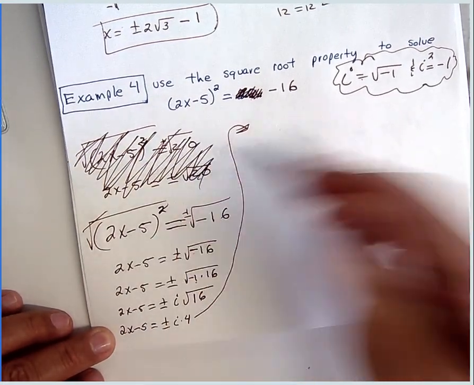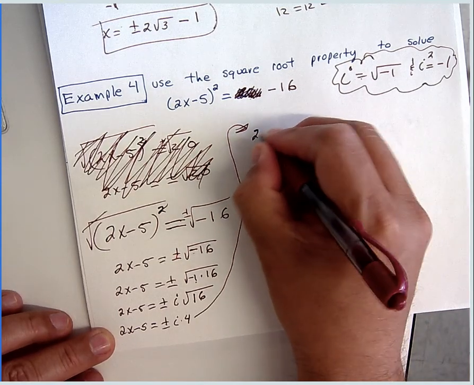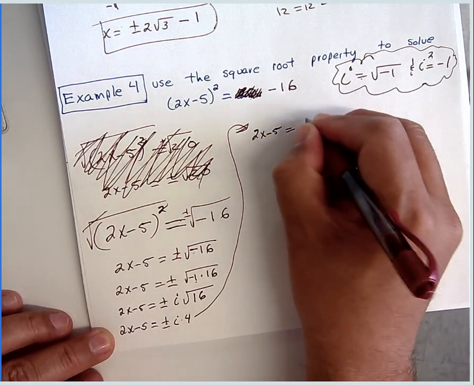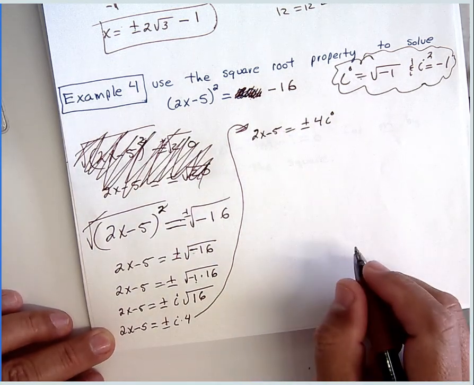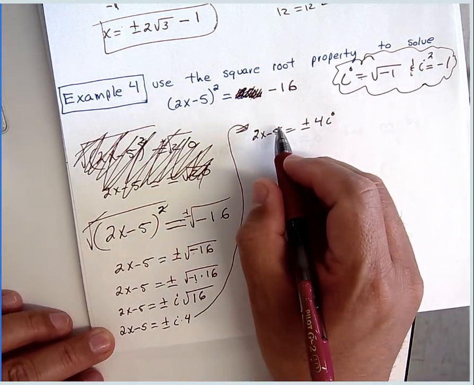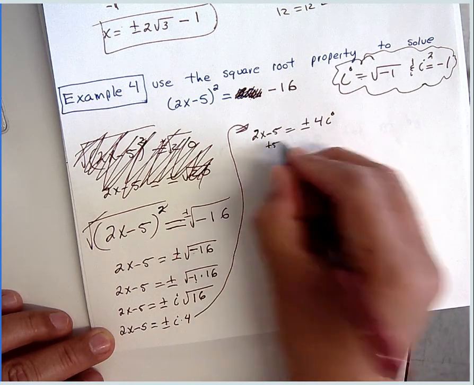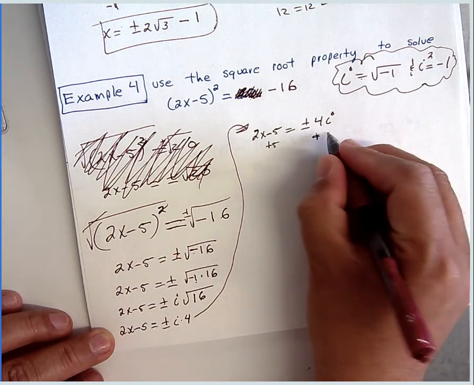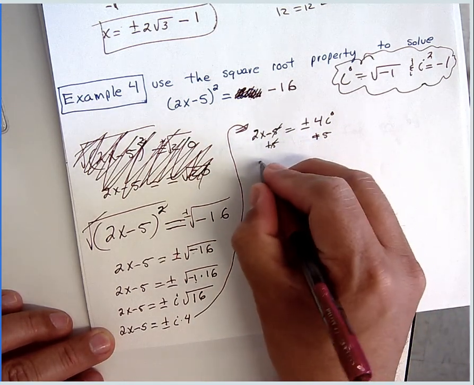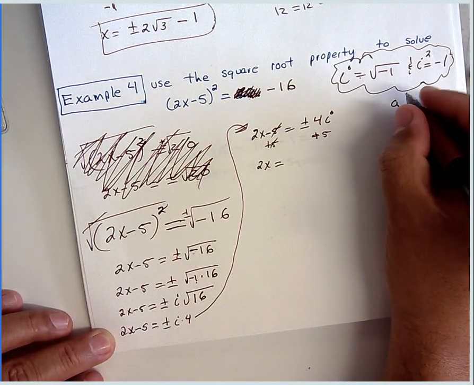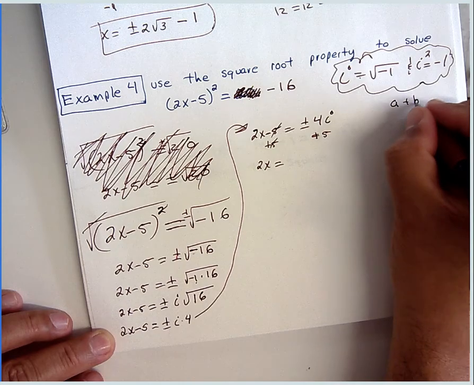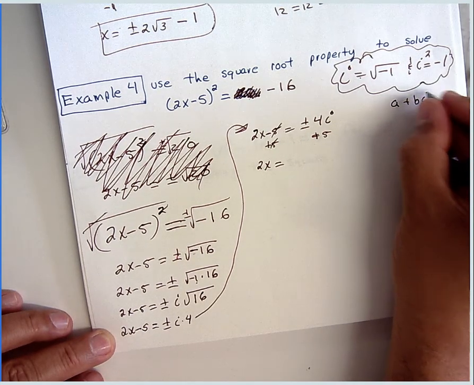We don't need this. So 2x minus 5 equals plus minus. I'm going to put the 4 in front and then the i. We still have the 5 here. So I'm going to add 5. Remember when we have this, we need this form: a plus bi.